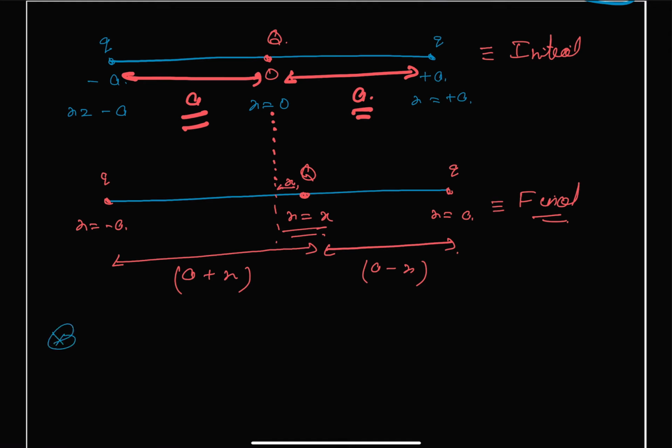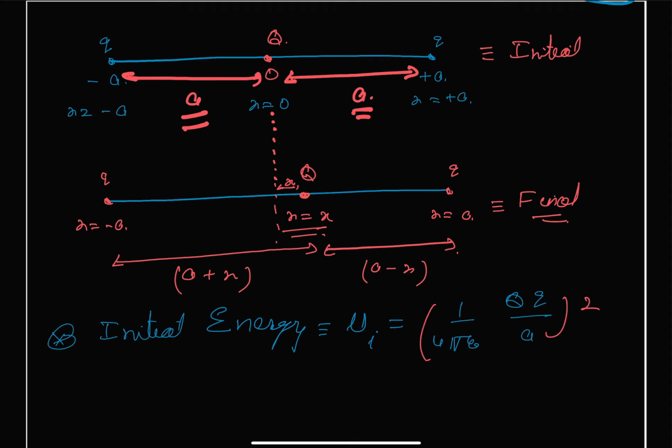So initial energy, let us suppose Ui, will be equal to, the normal energy formula is the product of the charges divided by 4 pi epsilon naught times the distance between them, that is A, and obviously we have to multiply it by 2 because they have the same charges and the distance is also the same. Now we are going to find out the final energy.